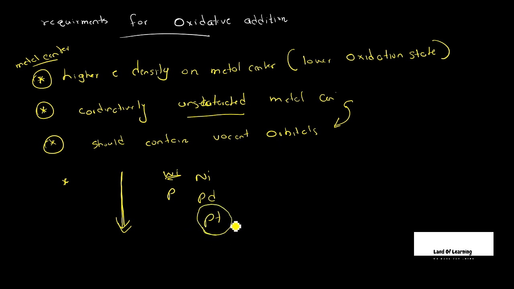Platinum has a higher electron density than nickel, because with the increasing number of electrons and energy states, platinum acts more like a nucleophile than nickel. Oxidative addition is based mostly on nucleophilicity. You increase the nucleophilicity, you increase the oxidative addition ability. That's the basic idea. So these are the few points you need to remember, or have an understanding about, when you're talking about oxidative addition. So see you in the next video.